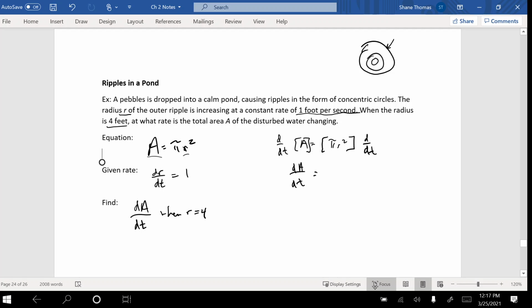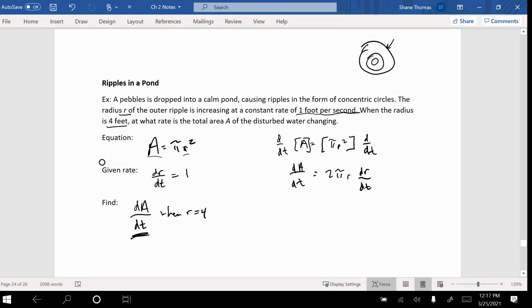Pi is basically a constant, so we can just take the 2 out front. So it'll be 2 pi r, times dr/dt. Now I'm looking for dA/dt, correct? So I differentiated both sides implicitly. Is dA/dt by itself? Yeah, it is. So I'm in good shape.